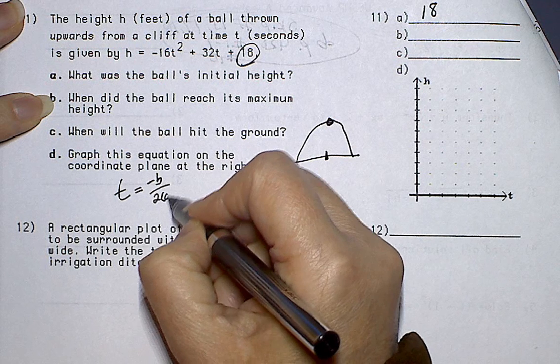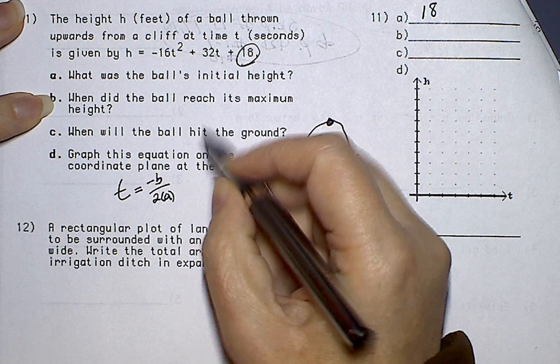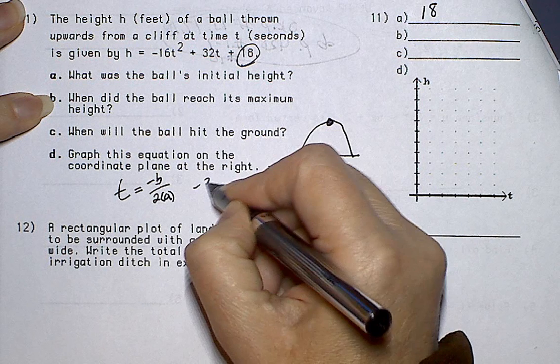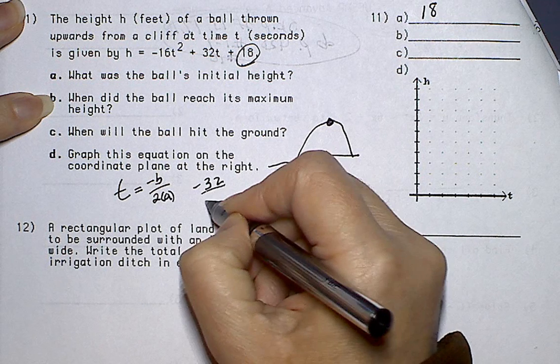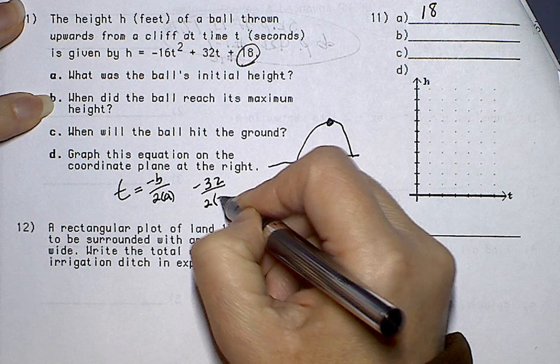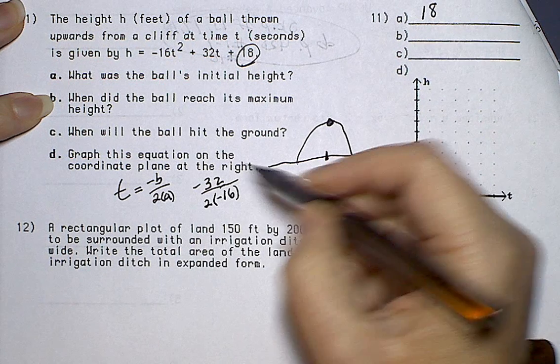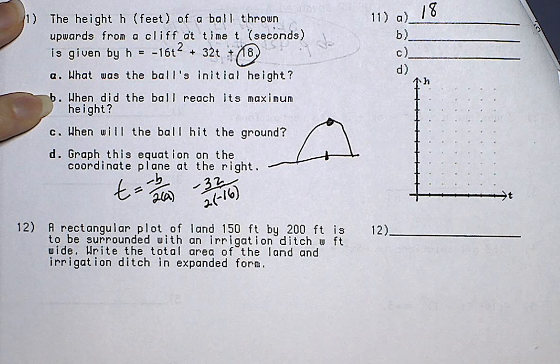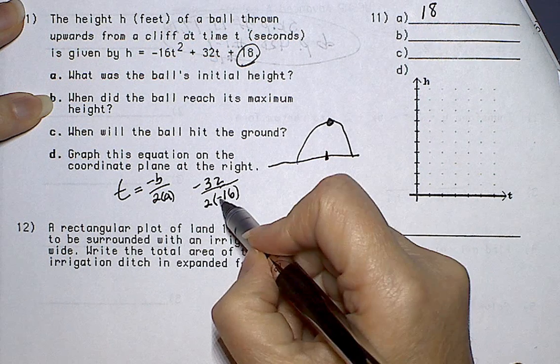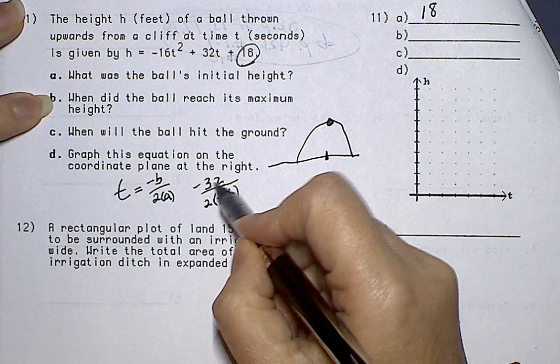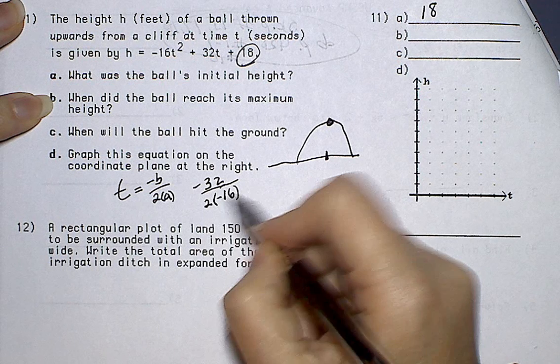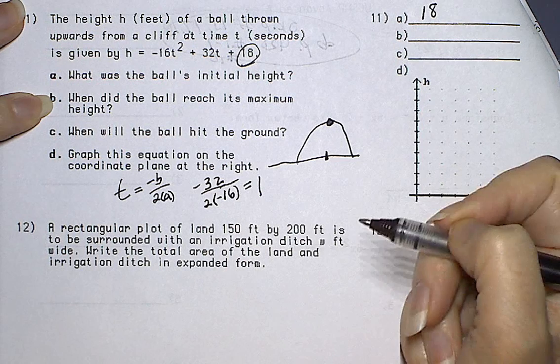So we have negative b, which is negative 32, over 2 times my negative 16. What is 2 times 16, class? 32, so that's negative 32 divided by negative 32, which is 1.